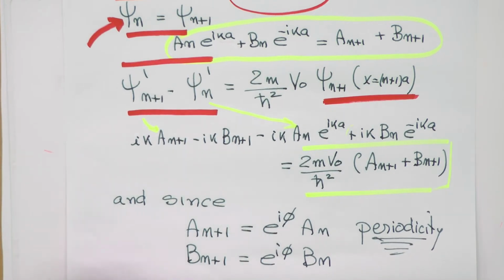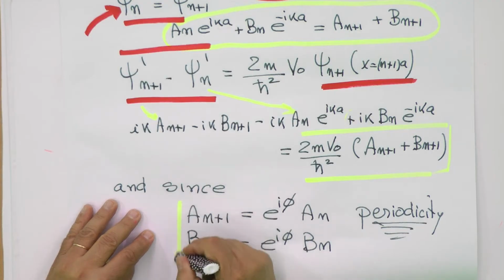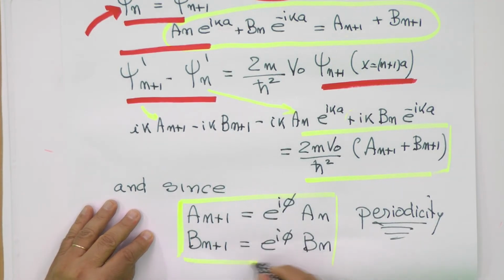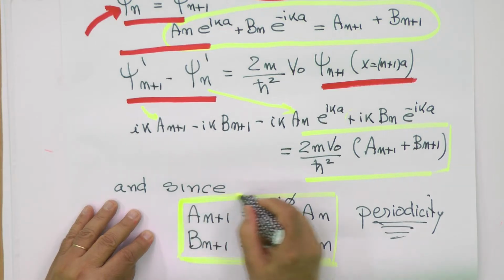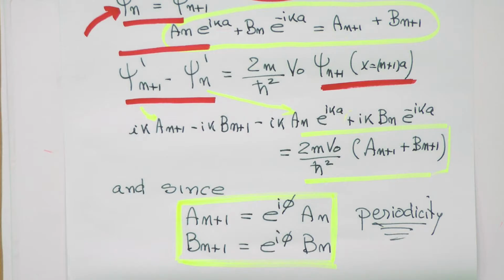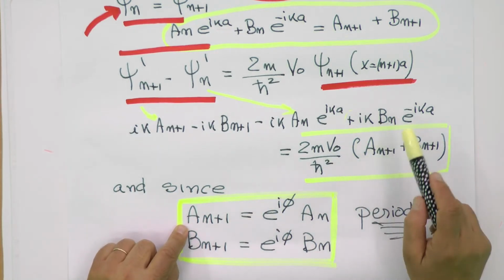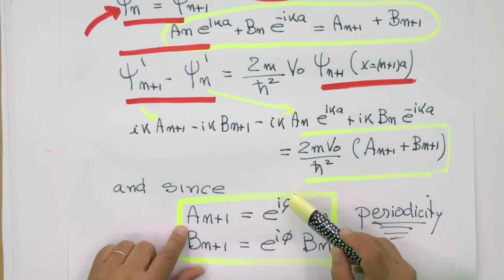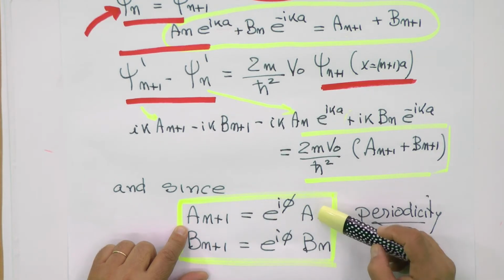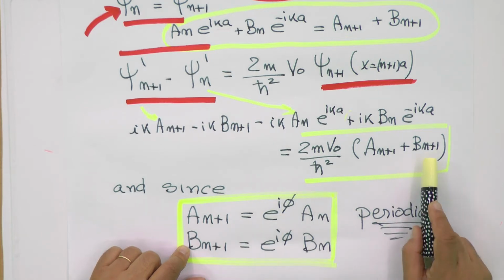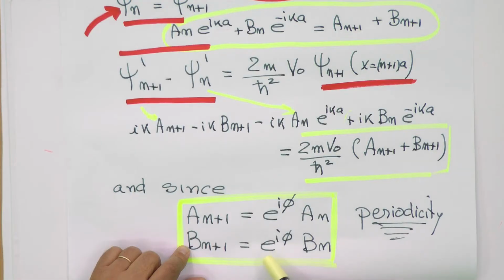But we cannot forget that they must differ by a phase. That was the periodicity. That was the periodical condition that we demand. So in the place of an plus 1, we put e to the i phi, which is a phase, times an. And in the place of bn plus 1, we put bn times the phase.